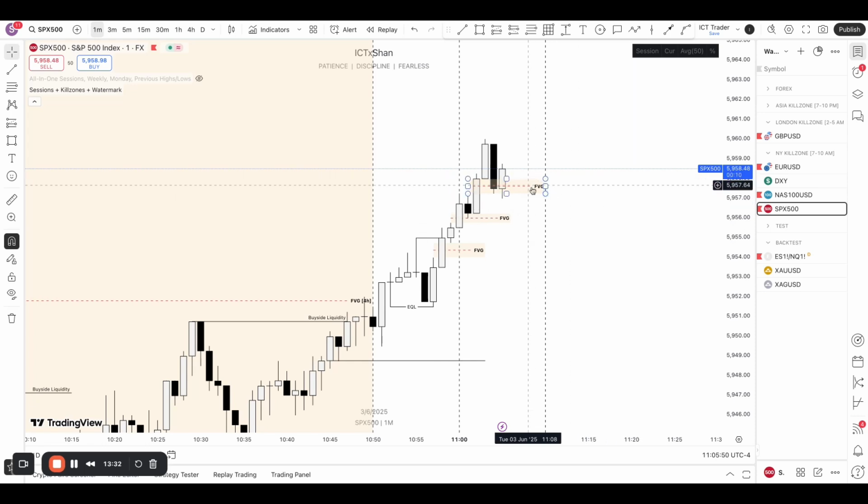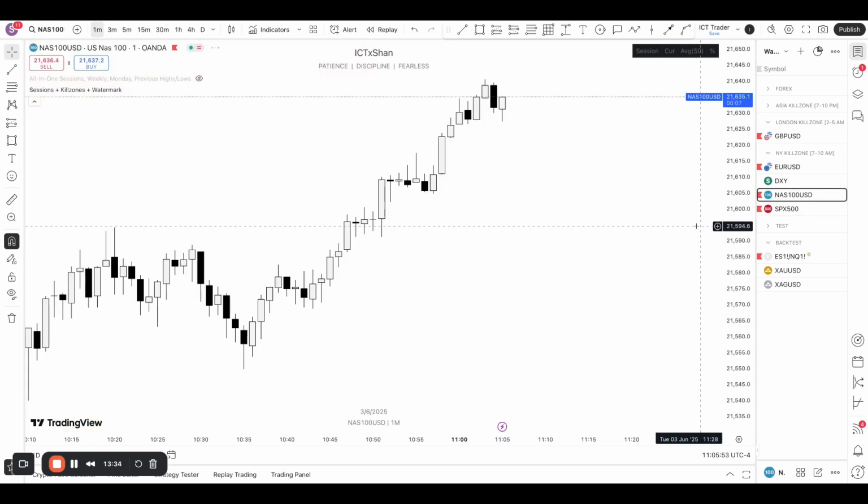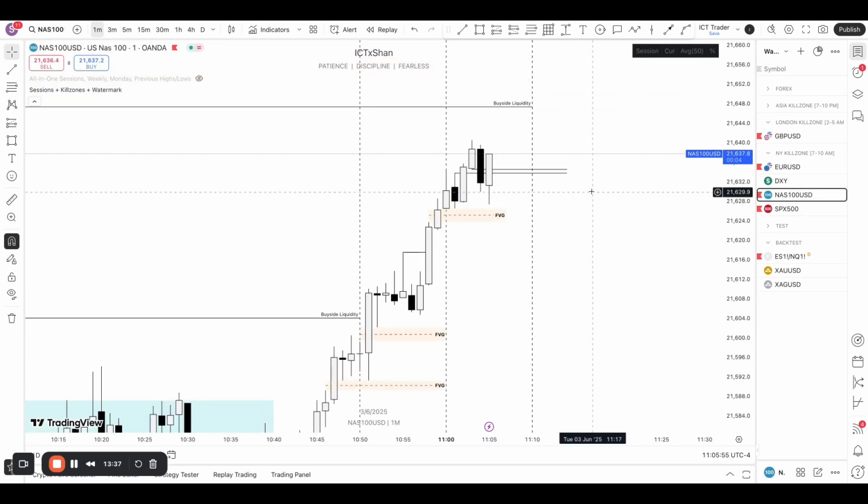So still inside the fair value gap, yes. And NQ is outside of the fair value gap. The body closes outside of the fair value gap, but from this area, it's crossing back to the point.